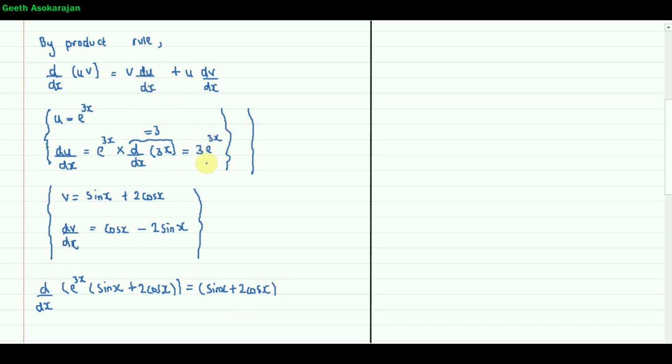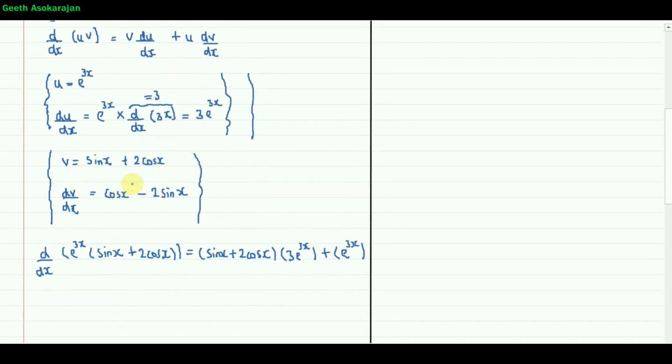And du over dx is 3e to the 3x. So 3e to the 3x, plus, according to the rule, u, which is e to the 3x, multiplied by dv over dx, and dv over dx in this case is cos x minus 2 sin x.